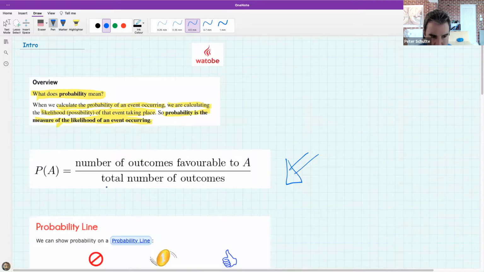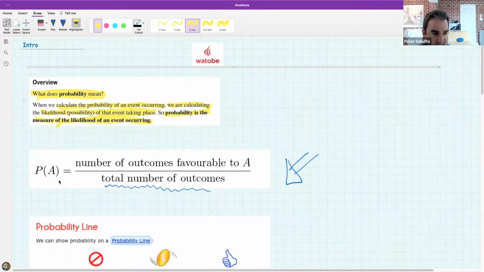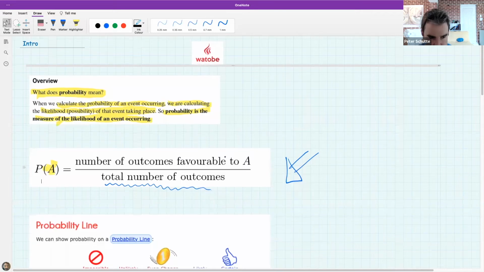That's the denominator. And then for the event A, how many of those outcomes are favorable for event A? So the whole of probability is based around this formula. I'm going to do a question in a moment where you get a sense of how this works.